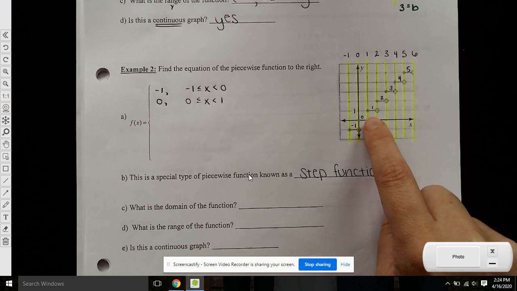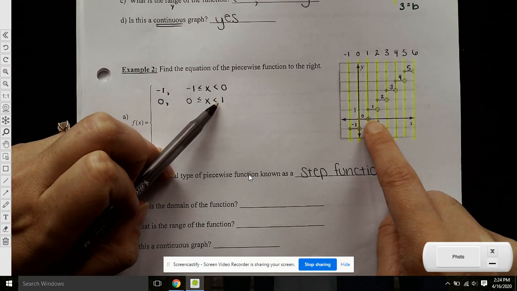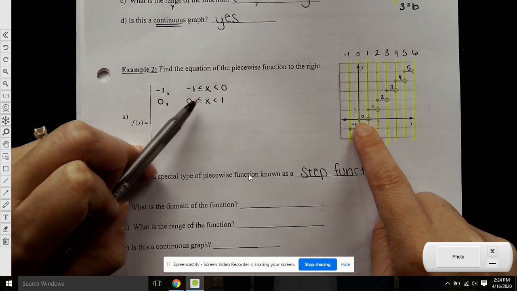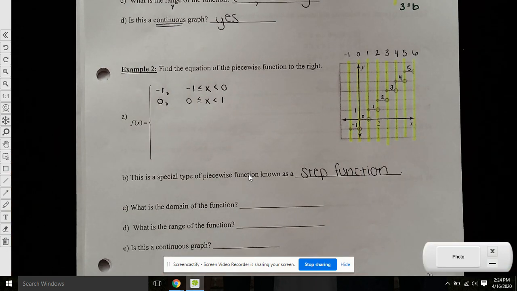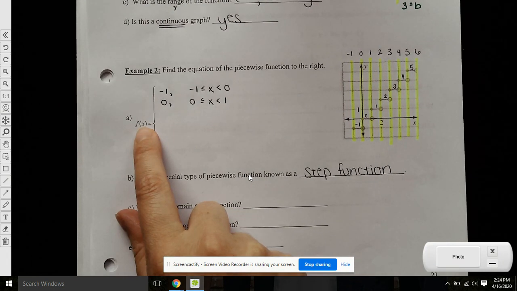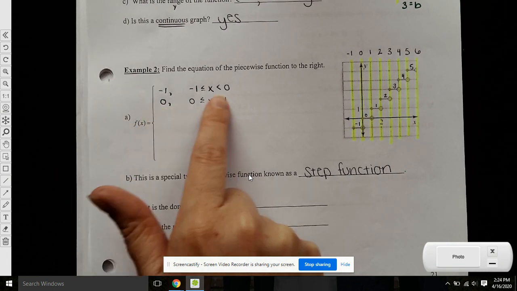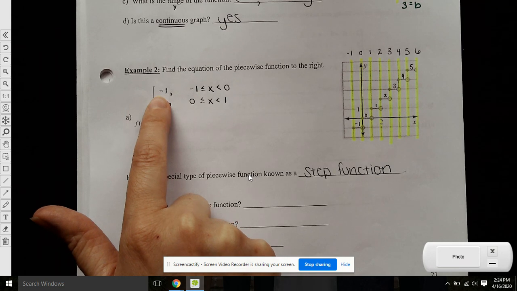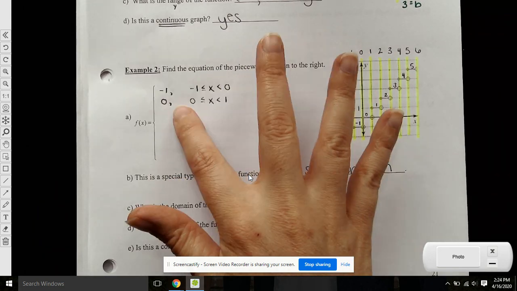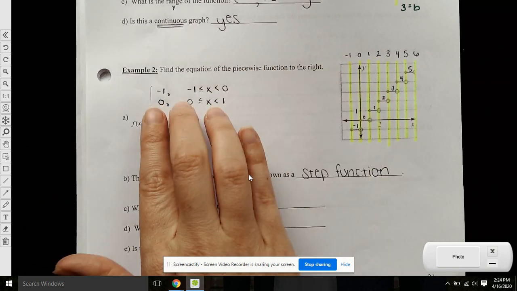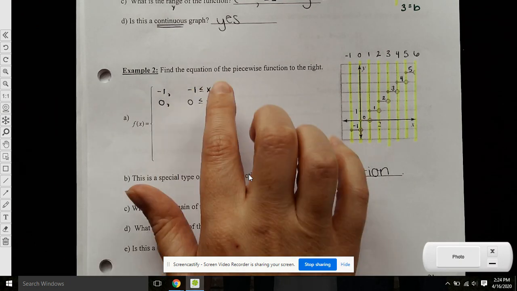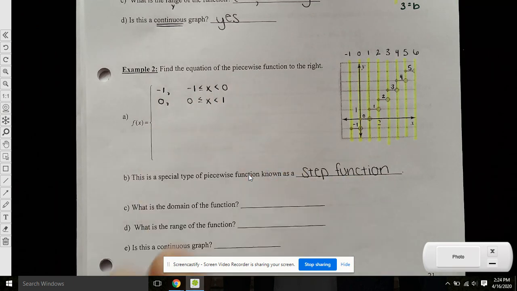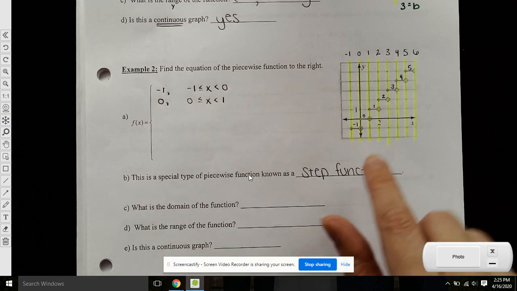This side has an open circle, so it just has a less than. This side has a closed circle, so it has the less than or equal to. This tells you that the value of, let's say, f of 0 would be evaluated here and not here. So 0 needs to fall into one of these categories. Clearly in this one, it falls into the second category, not the first one. This means it gets very close to 0, but does not hit it. So that's really important.